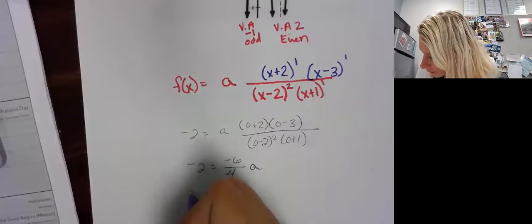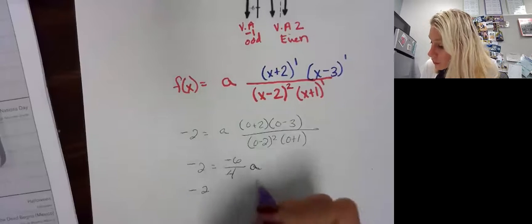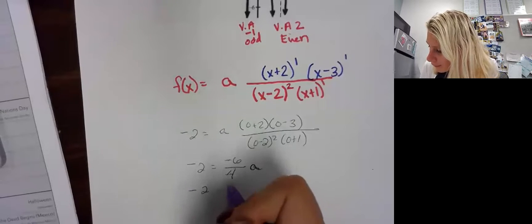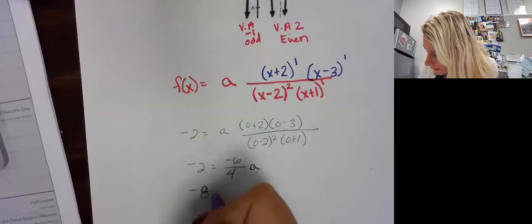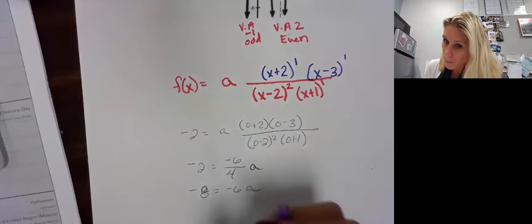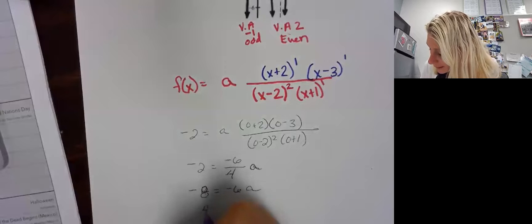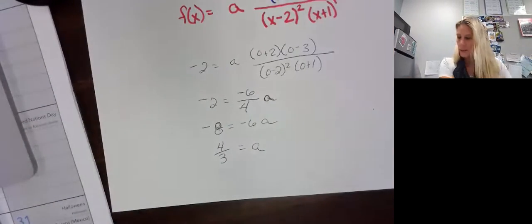We can simplify that more. So -2, or we can just solve from there. Get rid of the 4, we multiply, so that's -8 equals -6a. Divide by -6, and simplify, we get 4/3 equals a. So, what is our final answer?